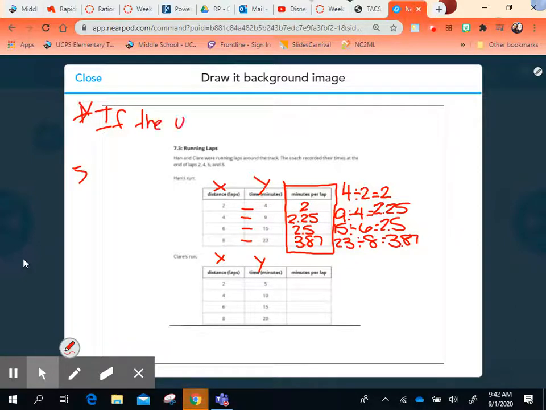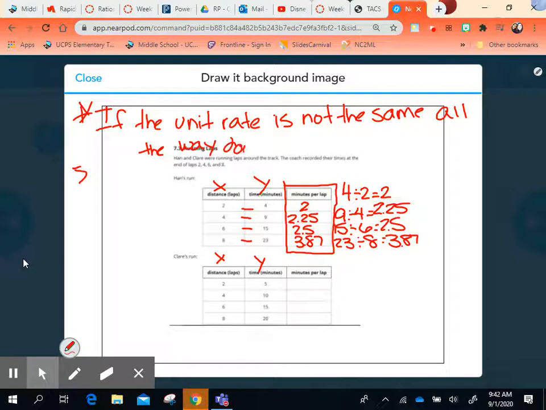if the unit rate is not the same all the way down the table, it is not proportional.